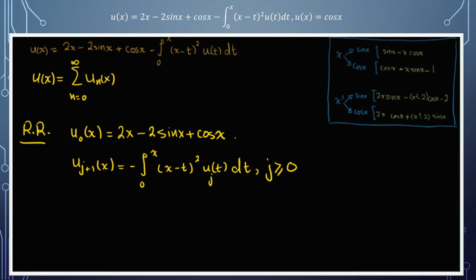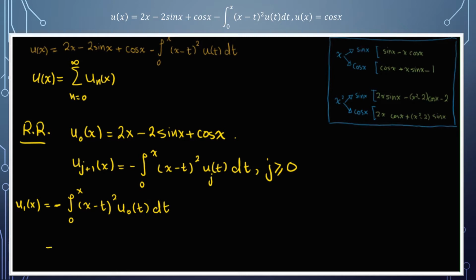Now let's evaluate u1 of x. u1 of x will be equal to, of course here we will substitute with j equal 0, so it will be equal to minus the integration from 0 to x of (x minus t) squared u naught of t dt.